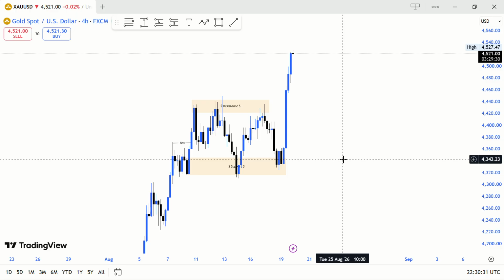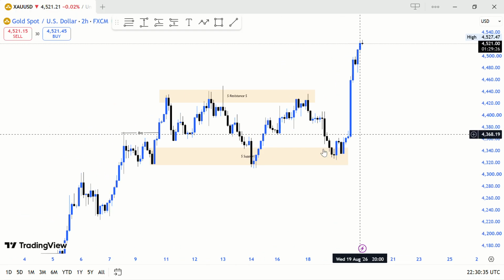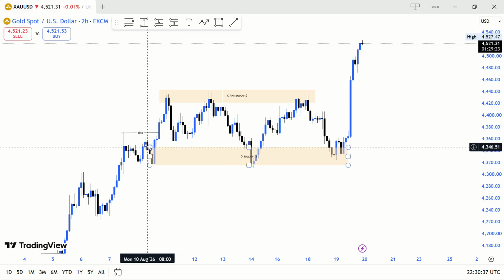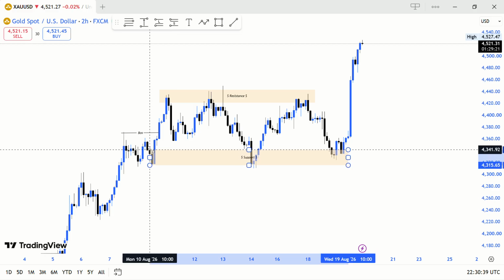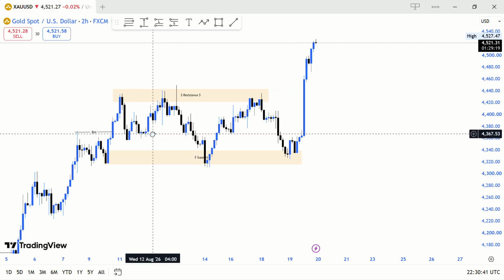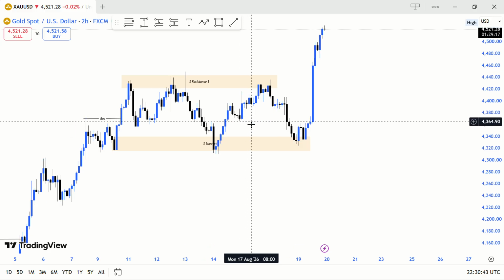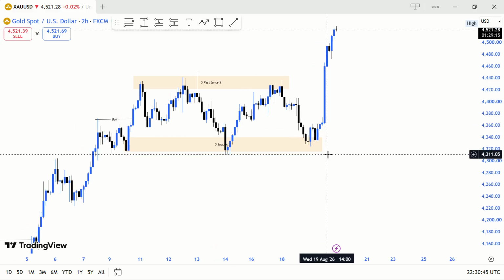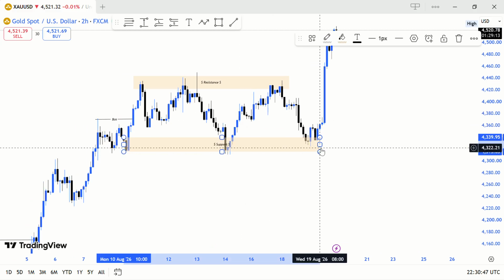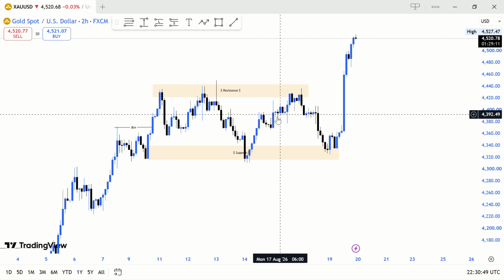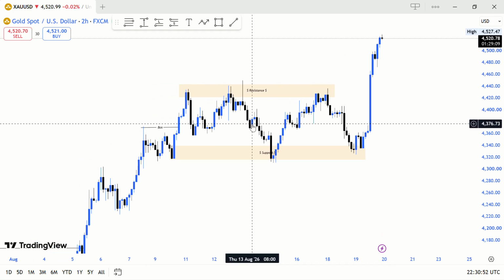So we move on to the 2 hours time frame. In our 2 hours time frame, we have an adjustment of this other block. I try to make my chart very neat.